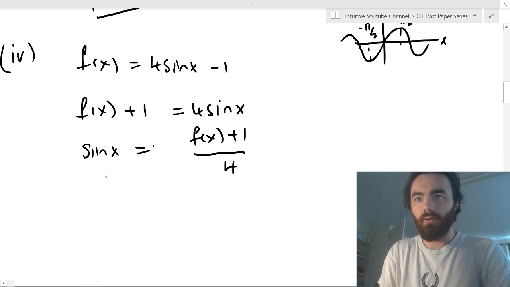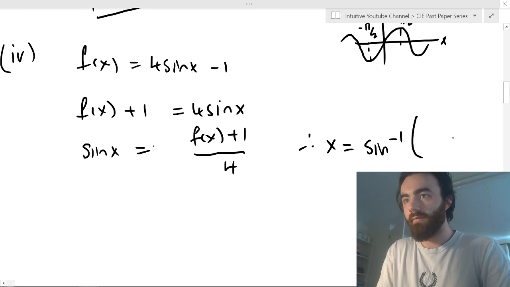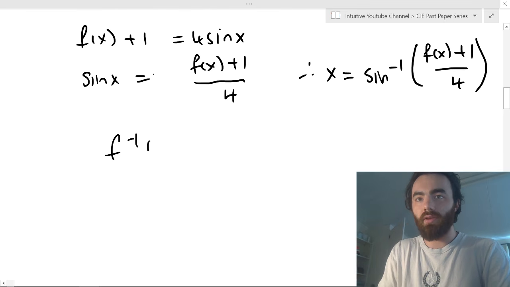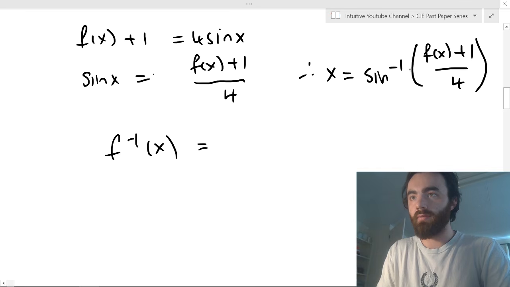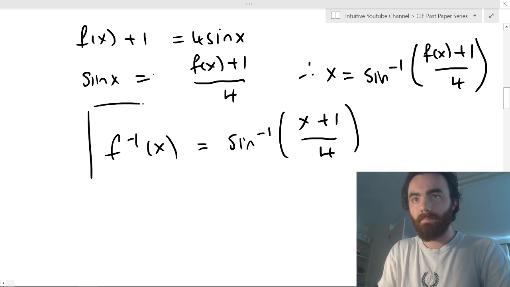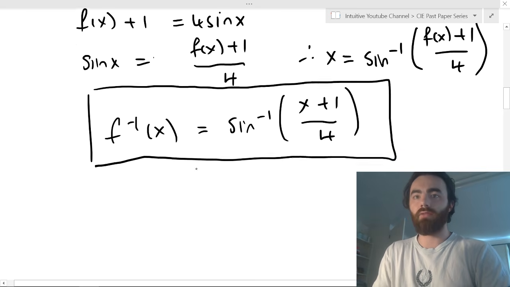Therefore x equals the inverse sine of f of x plus 1 over 4. So our inverse of f of x equals this. They ask that every year for you to find an inverse.